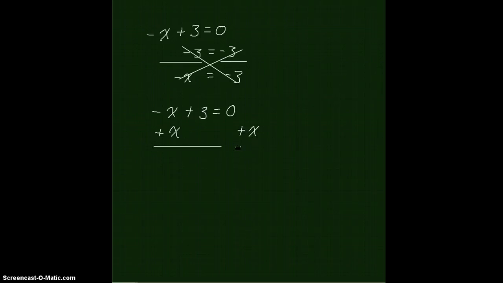Let's see what that looks like. So these minus x plus x will just add up to 0, so I'm left with 3 now on the left-hand side. And on the right-hand side, I'm left with 0 plus x, or just x. So the value for x that would solve that equation, clearly, is 3. That makes sense. Good.